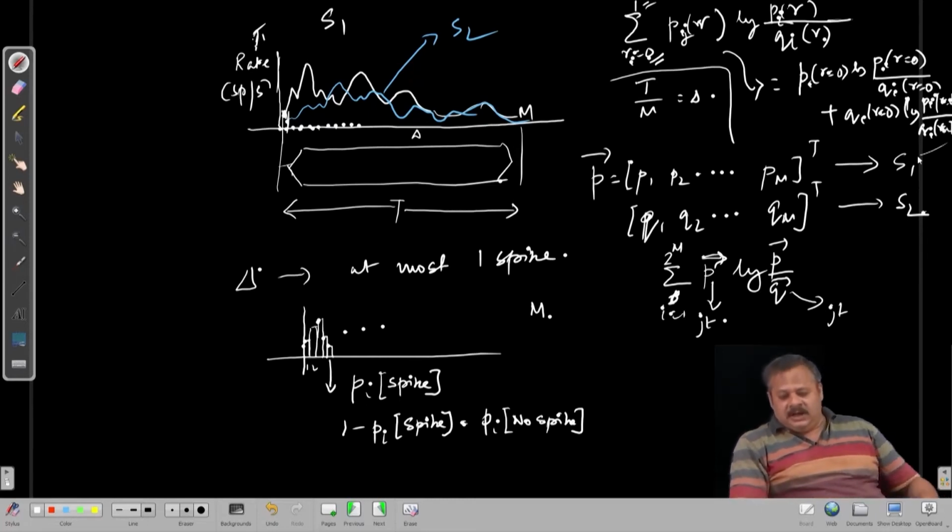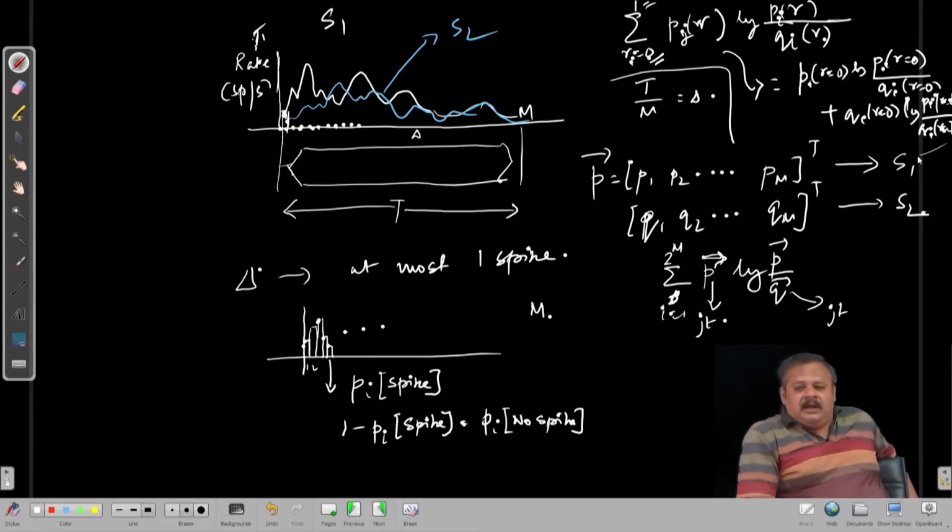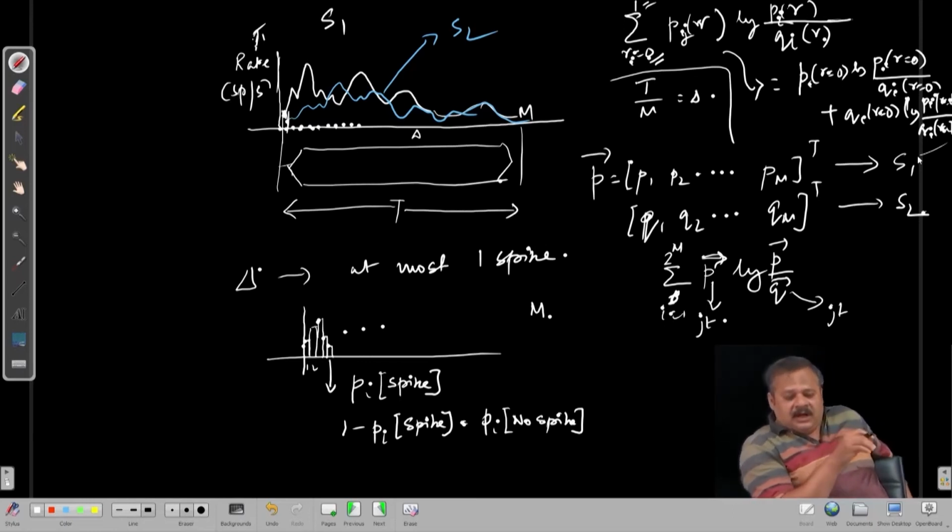So, this is the KL distance in the ith bin, and for each of the i's going from 1 to capital M, you sum them up. That is what we showed on the next page. So this is straightforward in the sense that it is simply a sum.